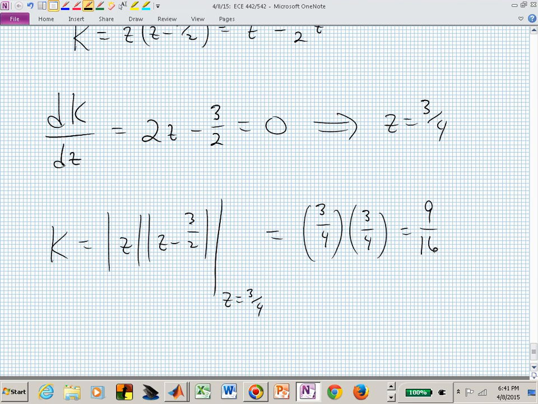And now we have 9/16. And this is the relative max of K.